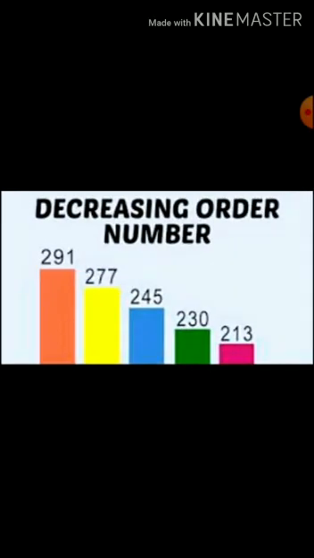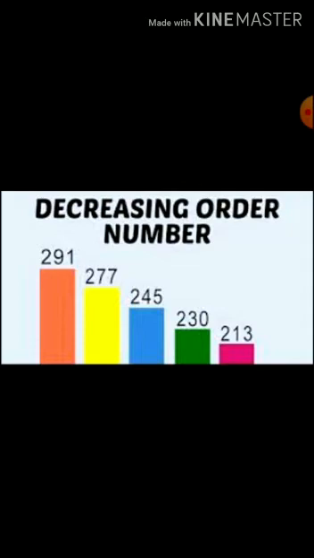And now descending order. Descending order or decreasing order. Here see the numbers are in descending order from big to small. In this series of numbers, you can see the big number on the top, 291.